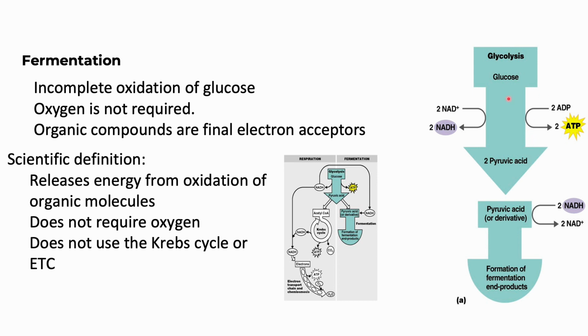So looking over here again, you can see that fermentation can be said to be incomplete oxidation of glucose, meaning that, again, it's only extracting a portion of the energy that could be obtained through the complete oxidation in aerobic respiration. So because it doesn't use the Krebs cycle or the electron transport chain, the net ATP yield from fermentation is much lower than what we have seen in aerobic respiration.